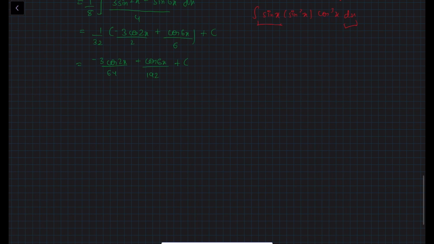All right. Sixth question is similar to the ones we just attempted a while back. And the sixth question is sine of x times sine of 2x times sine of 3x dx.